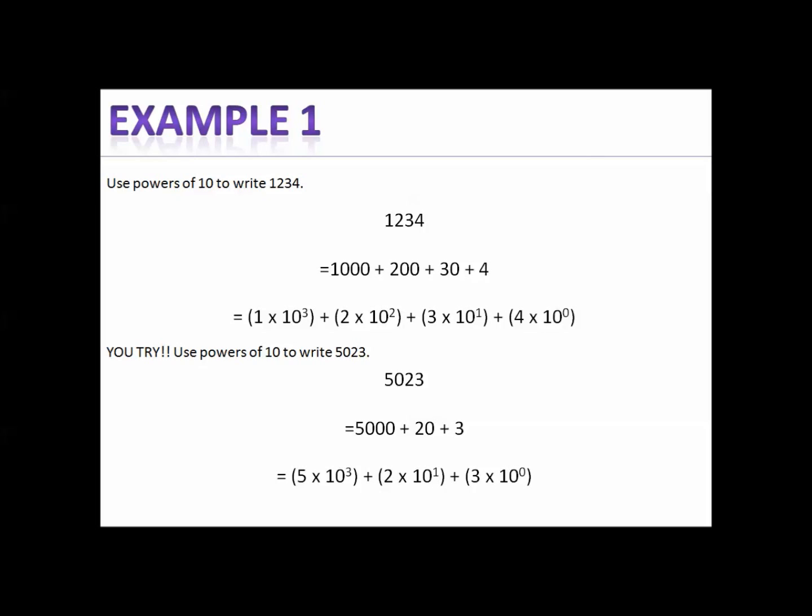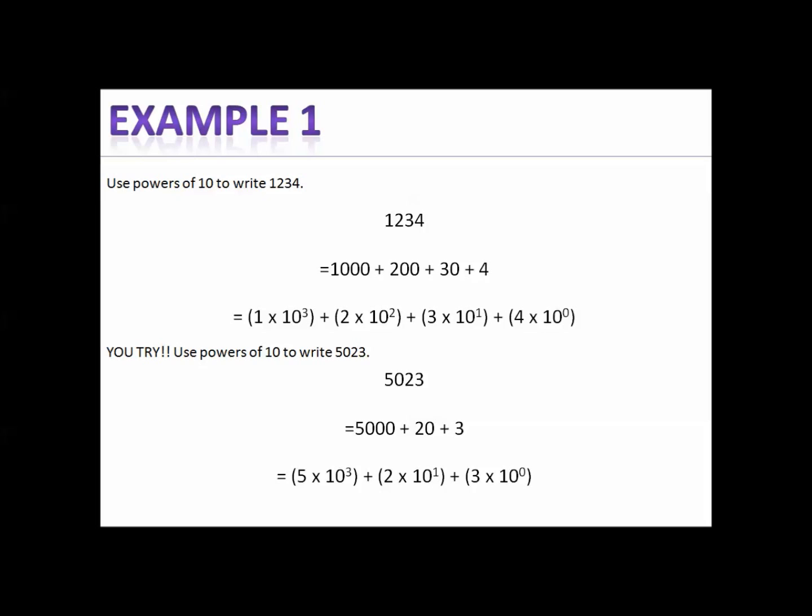Because we don't have any hundreds, we don't have to worry about writing 0 times 10 to the 2, because we know that everything times 0 is 0, and when we add 0 to something, it is just itself. So we just ignore writing that. And we have two 10s, and as we know, we write 10 as 10 to the power of 1.